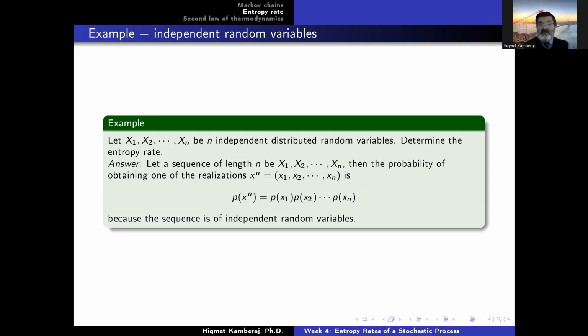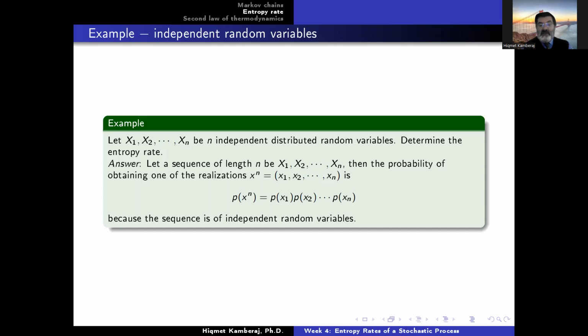Then we consider the case when X1, X2, ..., Xn are simply n independent random variables. To determine the entropy rate in this case, again, we consider a sequence of length n, X1, X2, ..., Xn, with the probability of obtaining one of the realizations, let's say the sequence little x1, x2, ..., xn, given as below.